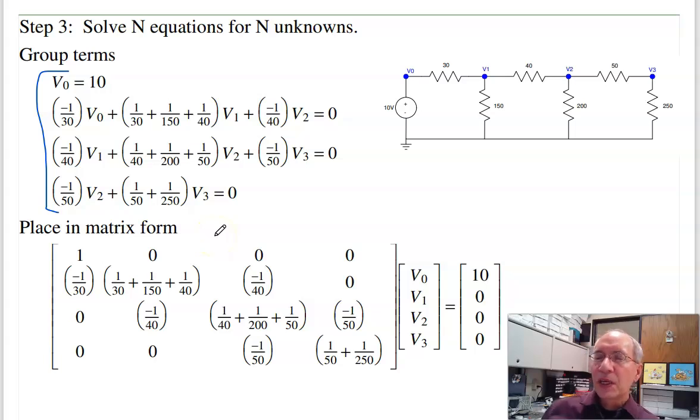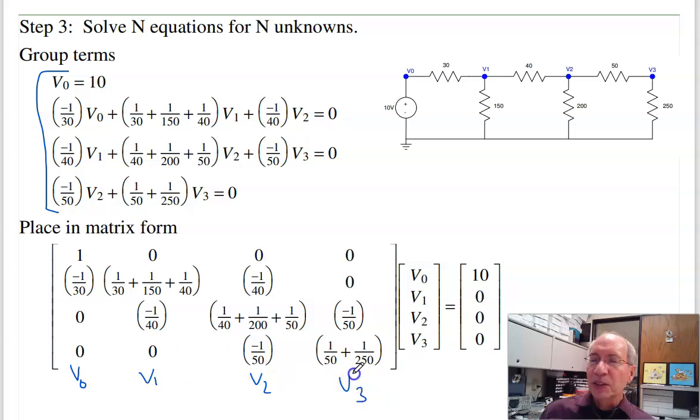Now to solve, I put this in matrix form. Kind of arbitrarily, I'll define the order to be B0, B1, B2, and B3. Then the first equation, B0 equals 10: 1 times B0 is 10. What I like doing, as a reminder to myself, is the first column is times B0, second times B1, third times B2, and this is times B3.